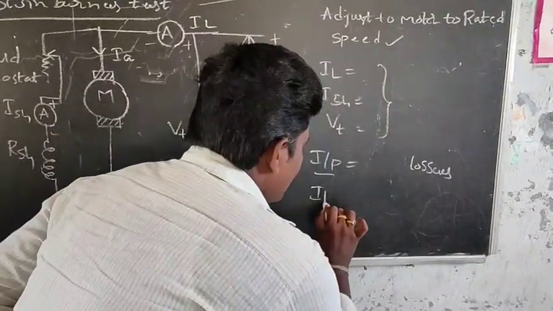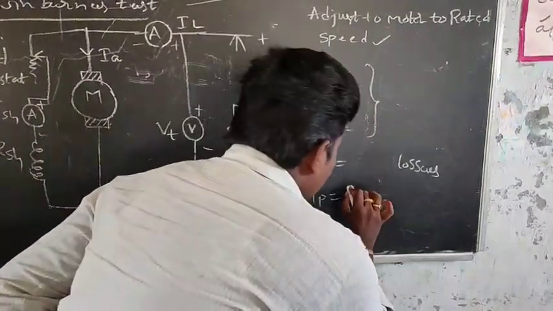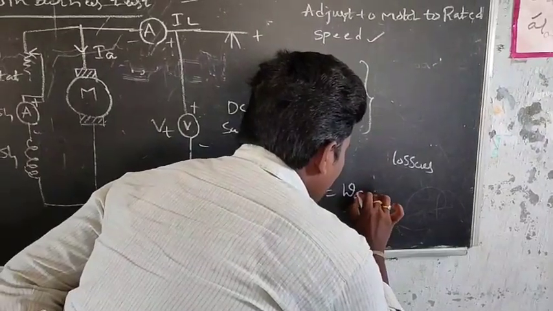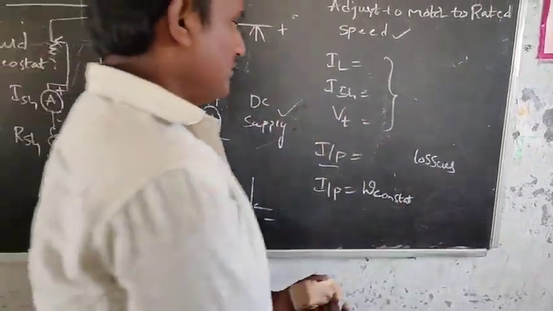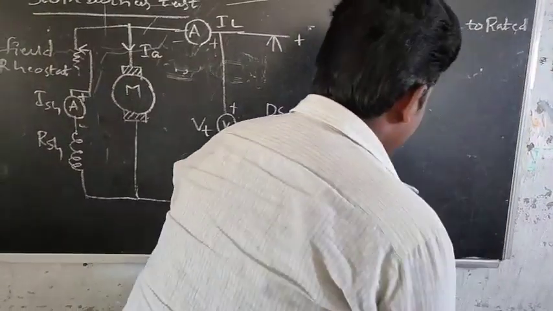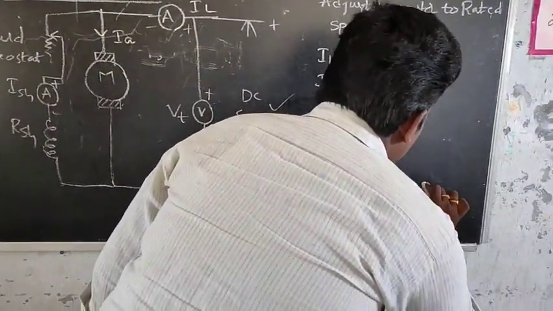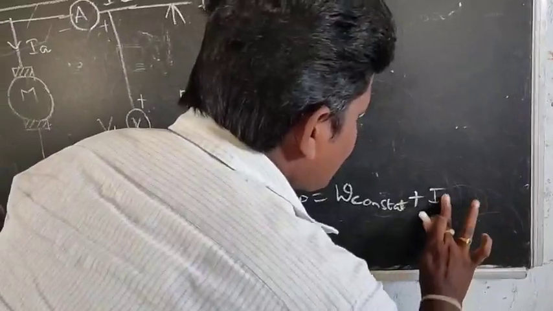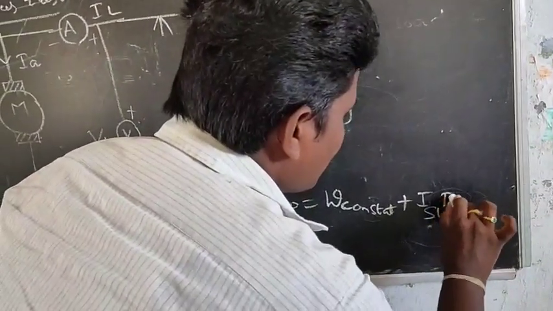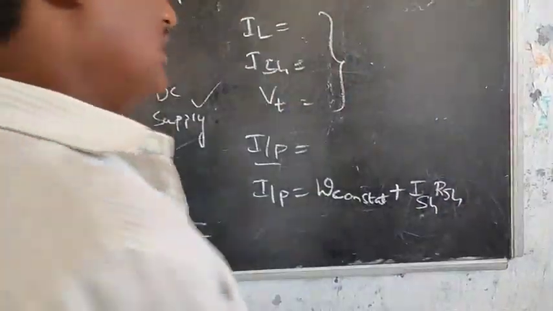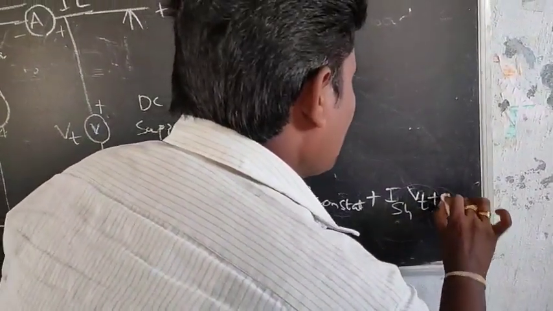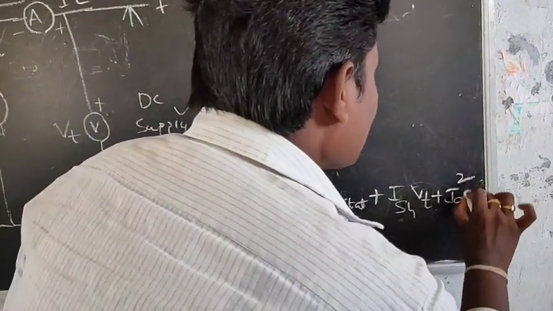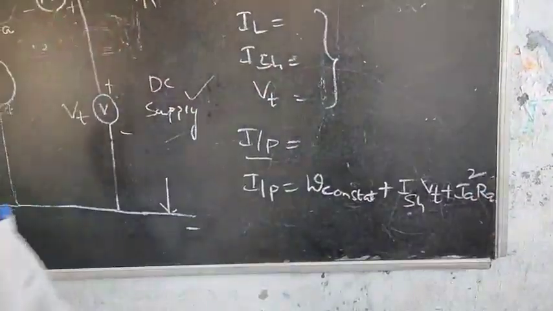What are the losses in the machine? They equal W constant plus shunt field losses, ISH into RSH, or otherwise ISH into terminal voltage, plus armature copper losses, IA square RA.